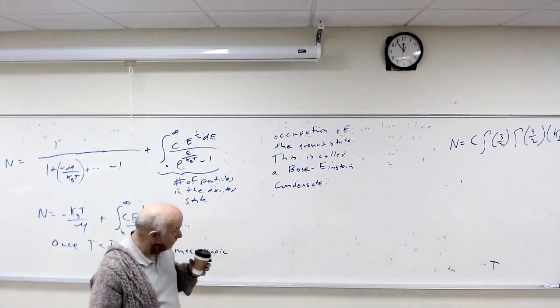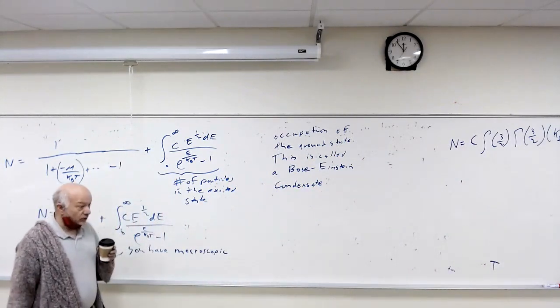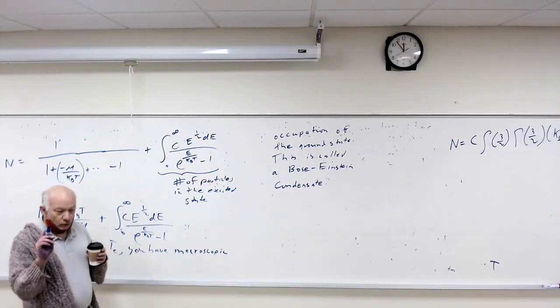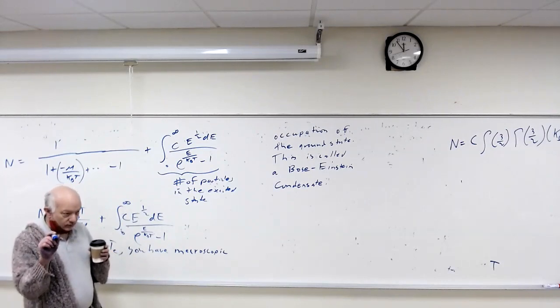Again, Einstein predicted this early on, but there's no way to do this. Now, when you do this, there is an assumption here. When you work out this, we assume that you have non-interacting bosons.